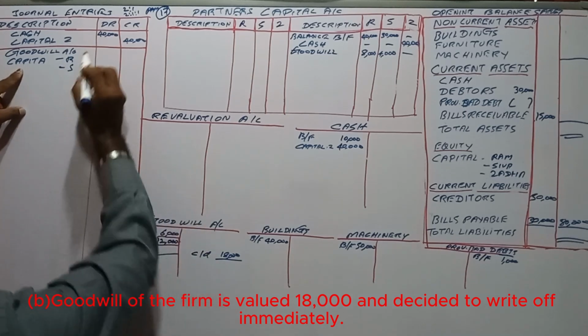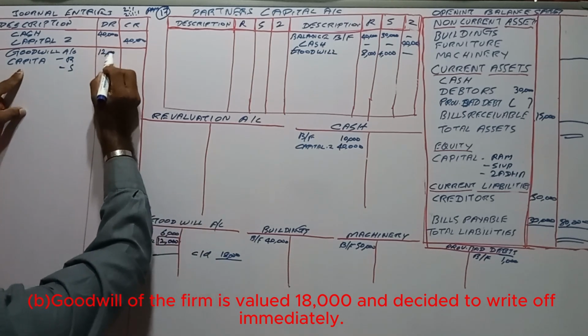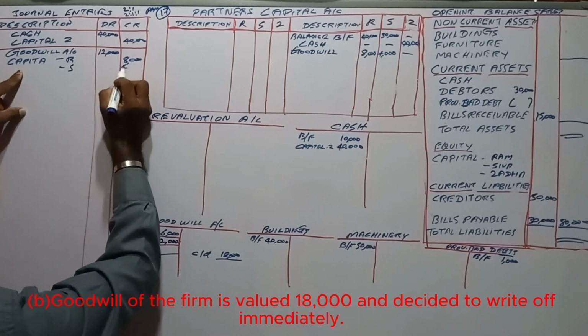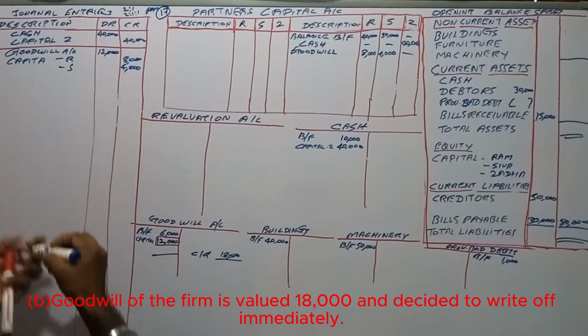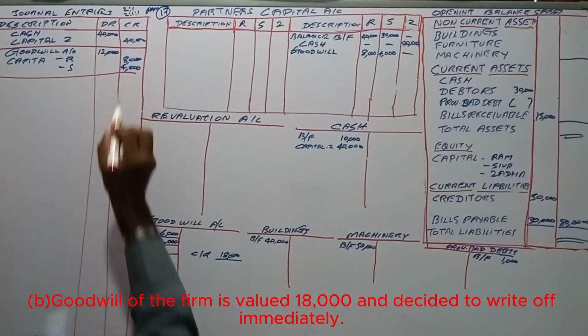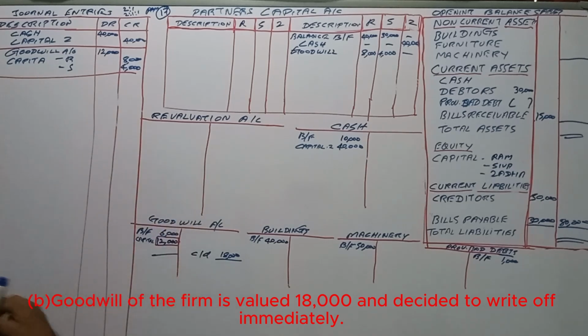Goodwill how much? 12,000 debited to goodwill account. And Ram 8,000 and Shiva 4,000 are credited, right? So write down the narrations as you want.